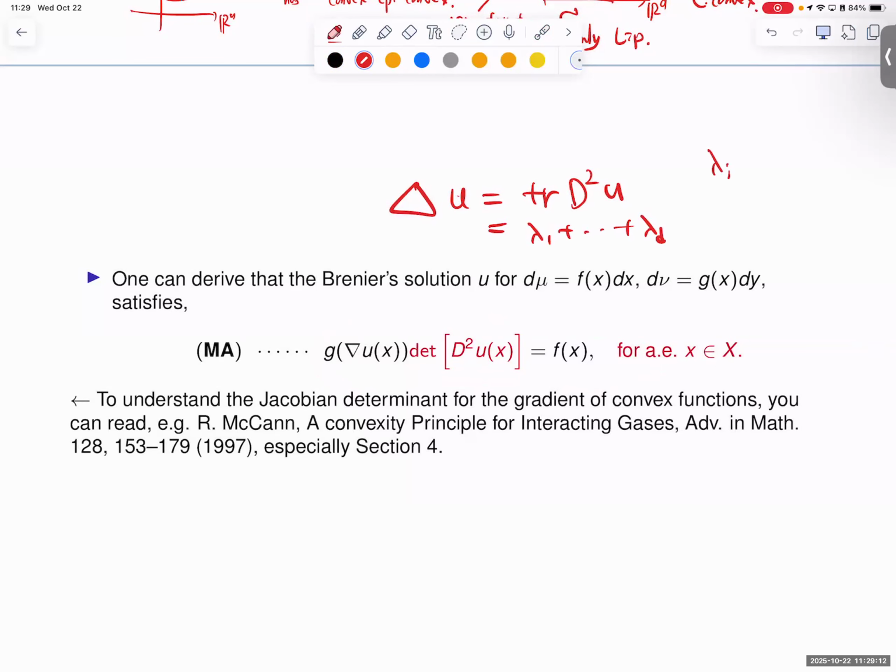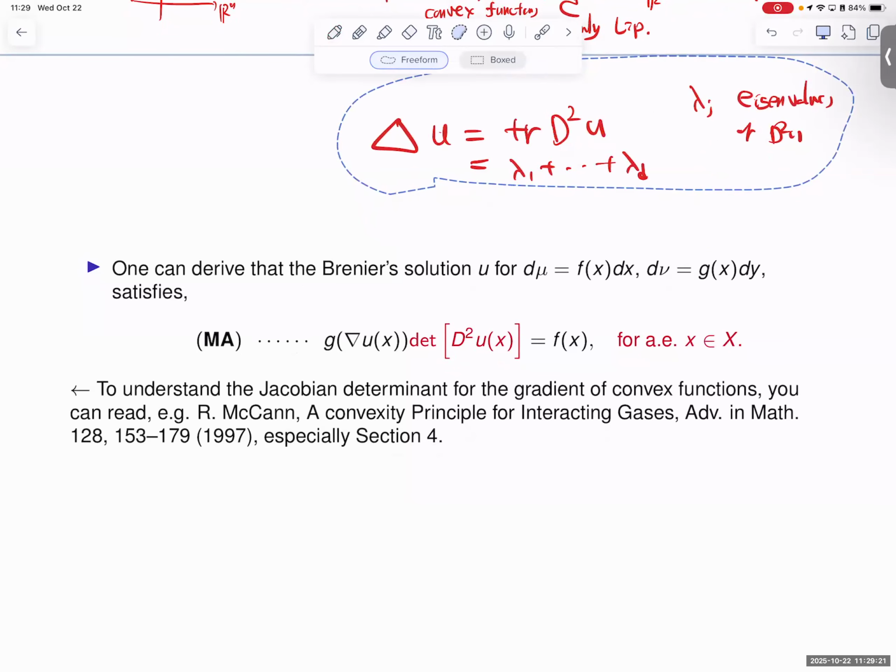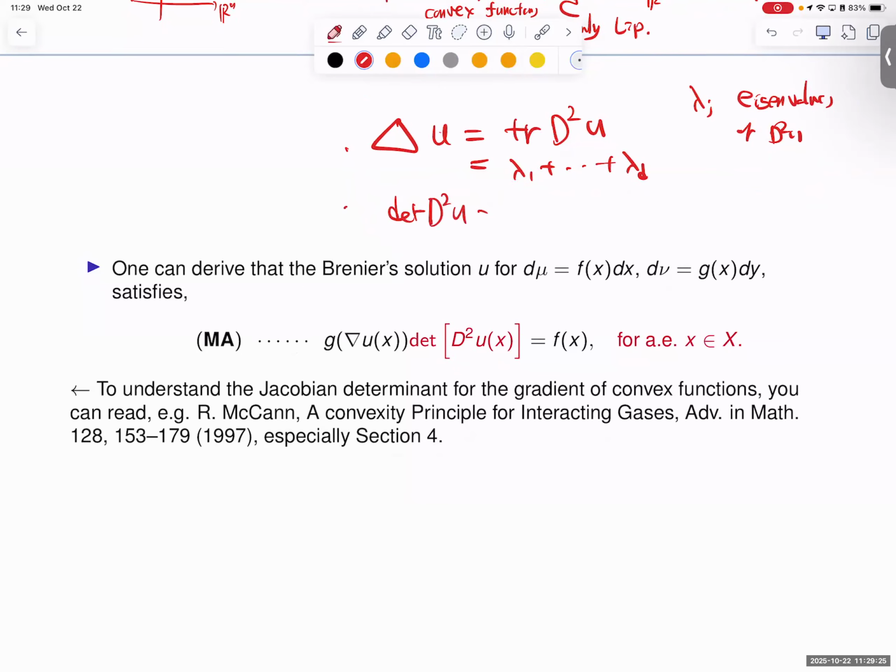Okay. And then the determinant of the Hessian is the product of these eigenvalues. So here there is something in between.